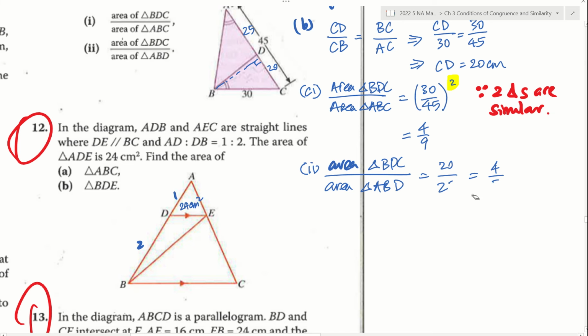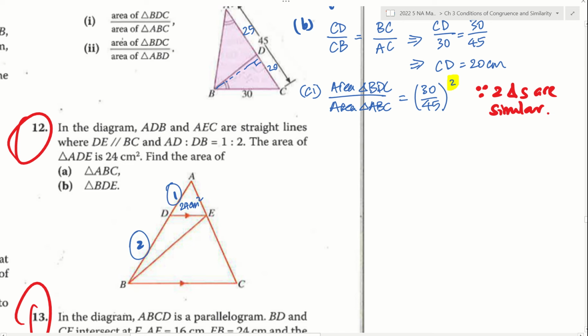Okay, next one, question 12. Information given, take note that I put it over here, 1 and 2 without units, to remind myself that these are in ratio 1:2. At the same time, please observe that the total over here is 3 in ratio terms, 3 units. Next, information given, 24 square centimeters is the area of that small triangle at the top.